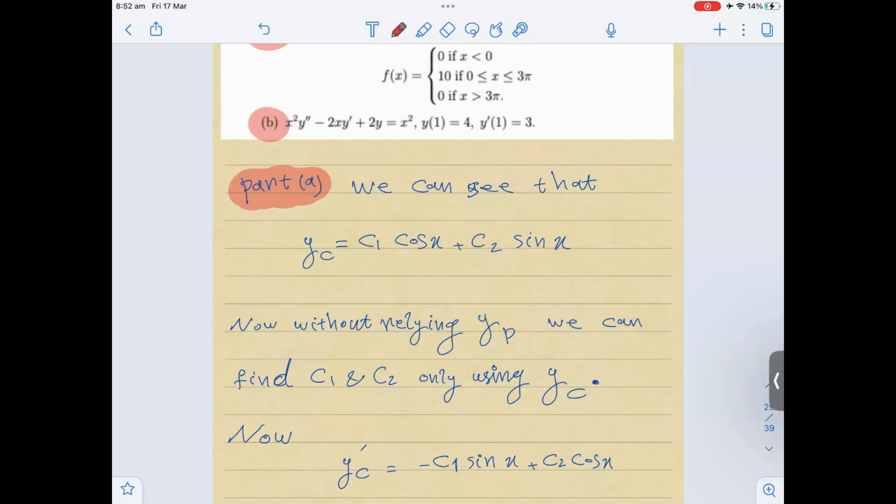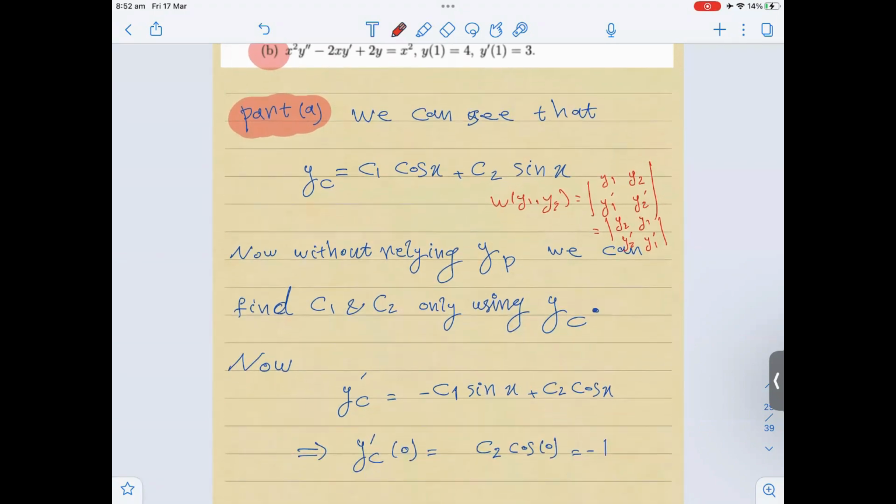Because W of y1 and y2, with y1, y1 prime, y2 and y2 prime, is the same as with y2, y2 prime, y1 and y1 prime, the Wronskian is commutative. Is it possible that the sign can change?